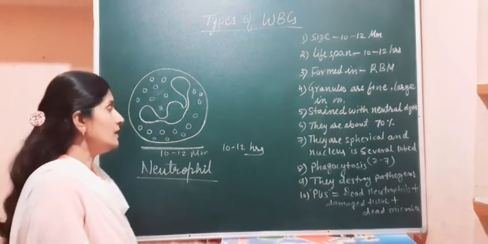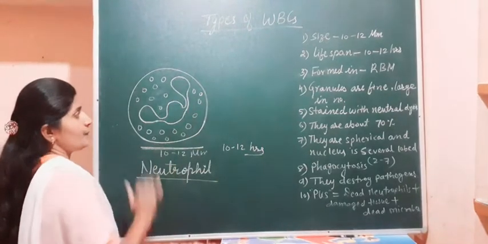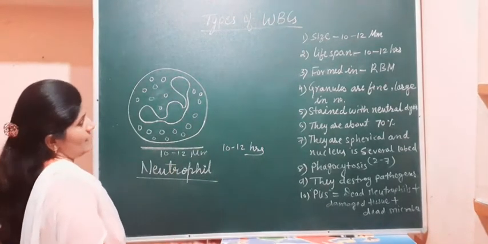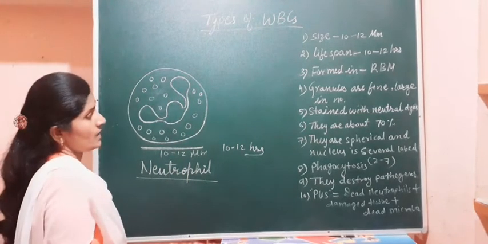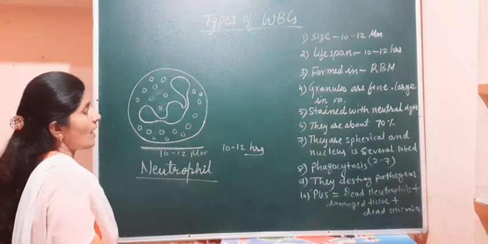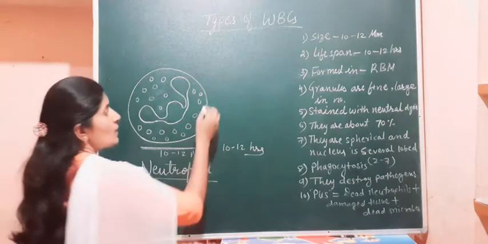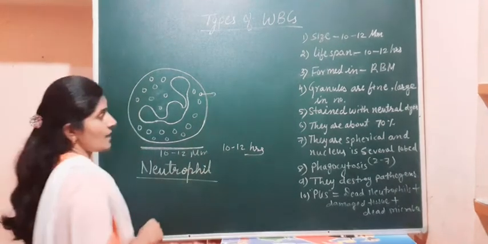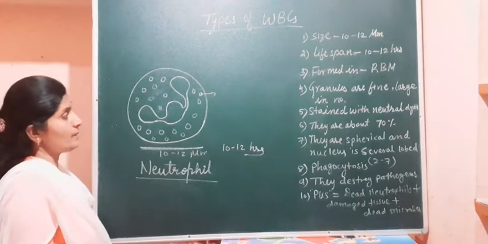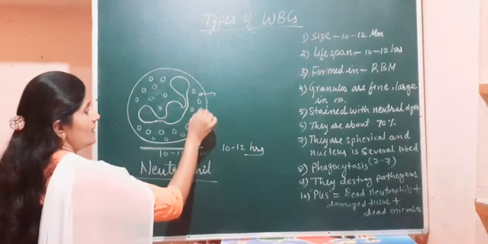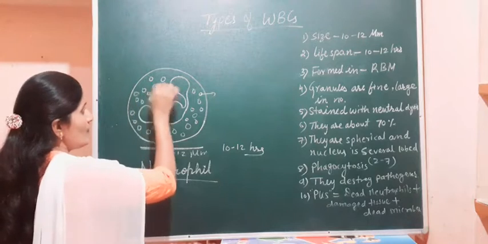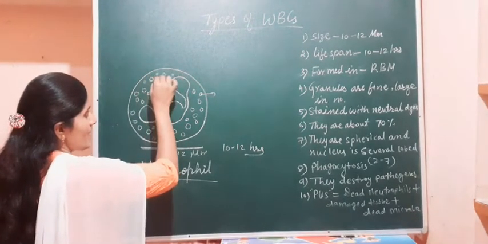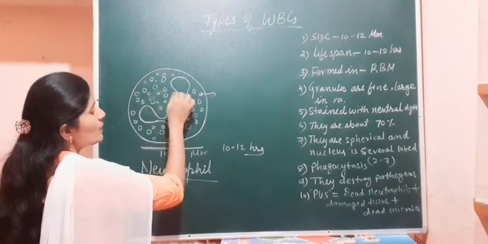Next, the neutrophils have granules, and these granules are very fine, smaller in size, but many more are there. The cytoplasm of this neutrophil has many granules, but the granule size is too small.